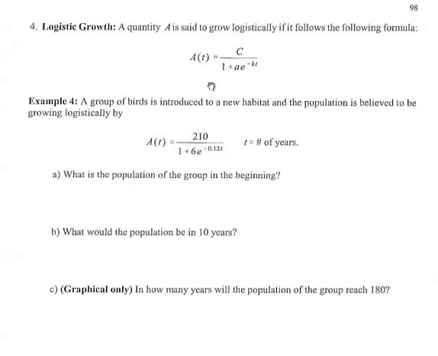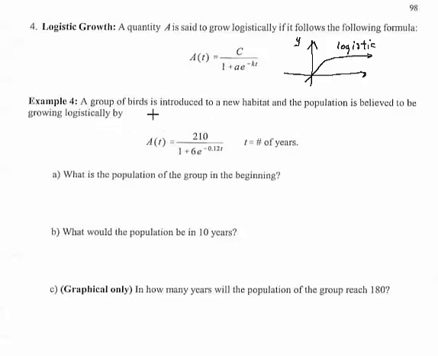It sort of flattens out and reaches a limit as t approaches infinity. If this was your y-axis and here was your x-axis, it's going to go up and then gradually flatten out like that. This is logistic growth.